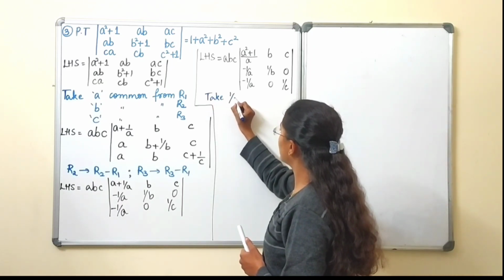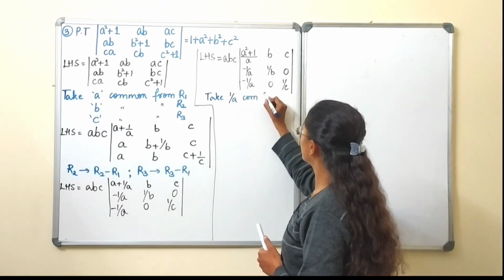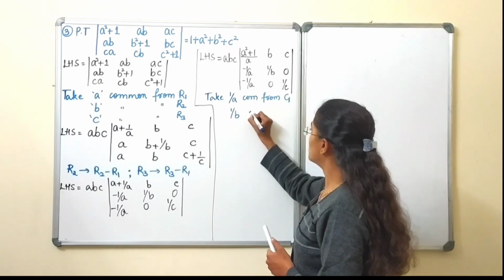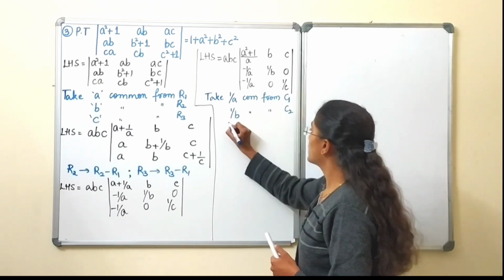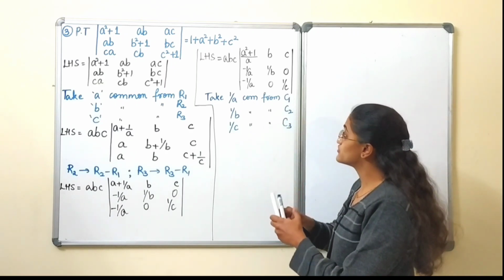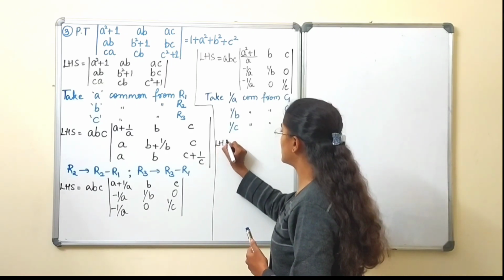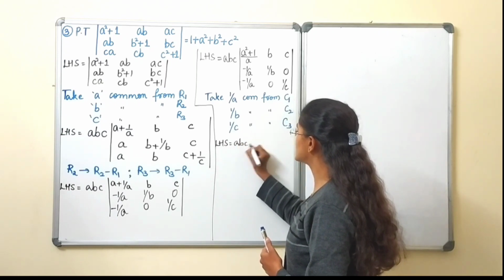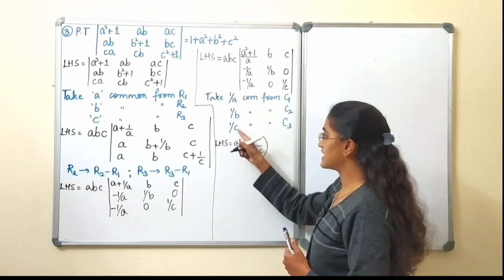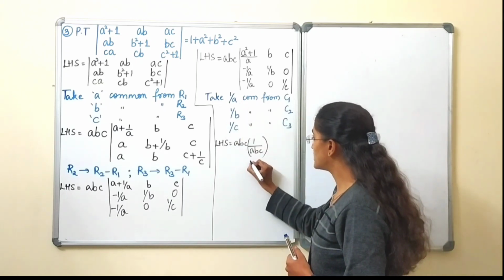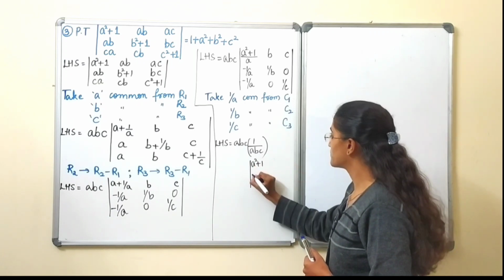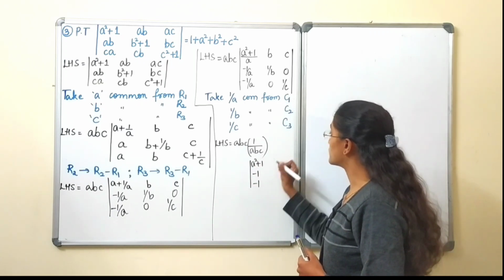Take 1 by A common from C1, 1 by B common from C2, 1 by C common from C3, and hence we will be left with LHS equal to ABC into 1 by ABC, which has been taken common, and the left out determinant will be equal to A square plus 1, minus 1, minus 1.